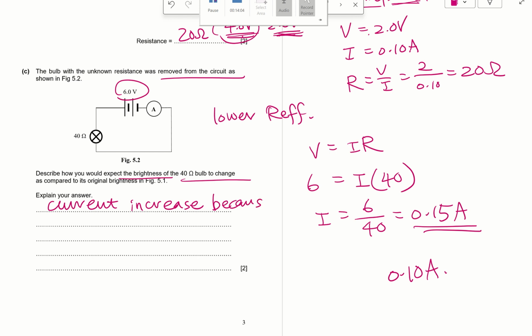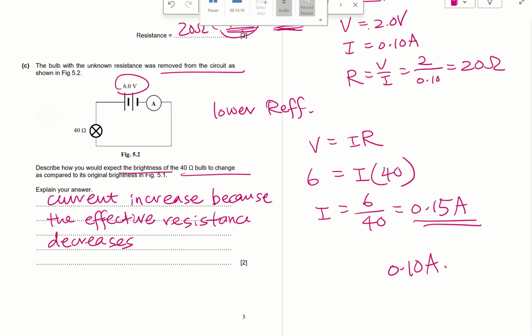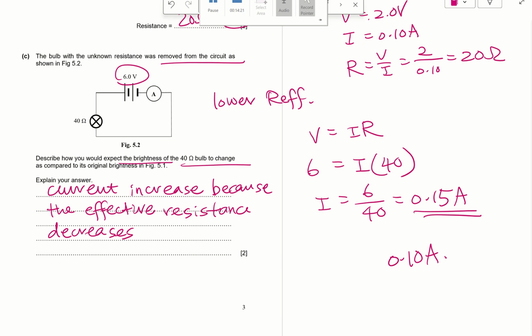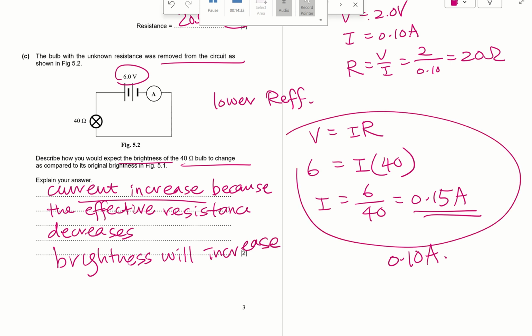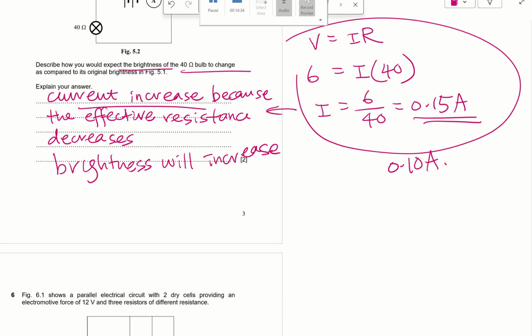Because the effective resistance or the resistance in the circuit decreases, because I remove it, and it does not become an open circuit. So if the current increases, the brightness therefore will increase. Okay, so if you have done the mathematical proof, you can also put it in here.